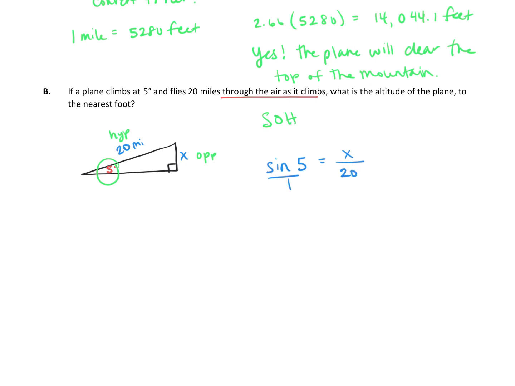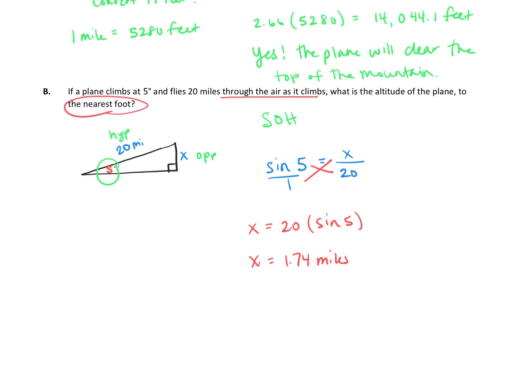Let's make that a fraction so we can cross multiply. 1 times x is x. Sine of 5 times 20, let's write the 20 first. So 20 times sine of 5 degrees. Then we grab a calculator and type that in. 20 times sine of 5 degrees is 1.74, and we are in a unit of miles. So the plane reaches an altitude of 1.74 miles.